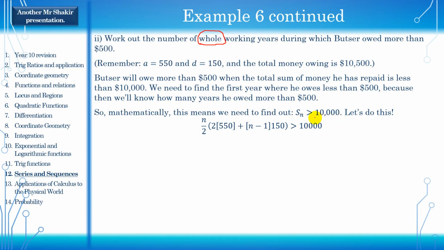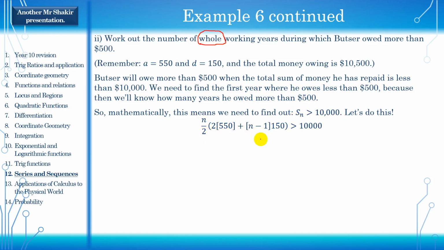And as soon as we know that, we'll stop at that point, minus 1, and we'll know, right? So, for example, if on the 50th year he repaid more than 10,000, well, in the 49th year he owed more than 500 because he had paid less than 10,000 in the 49th year. Anyway, let's just go through it.